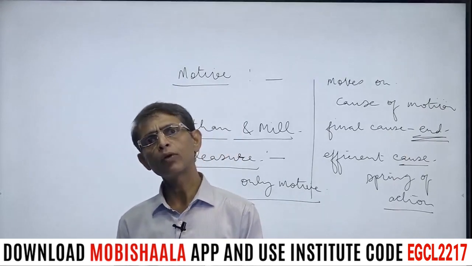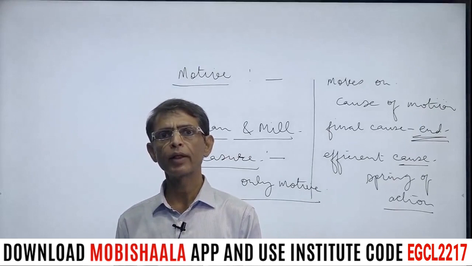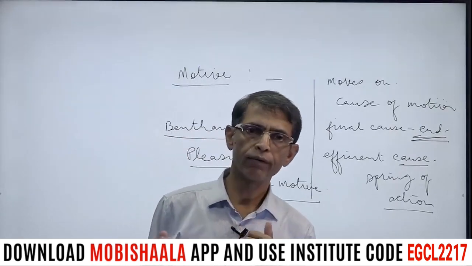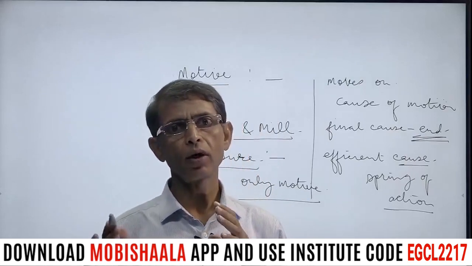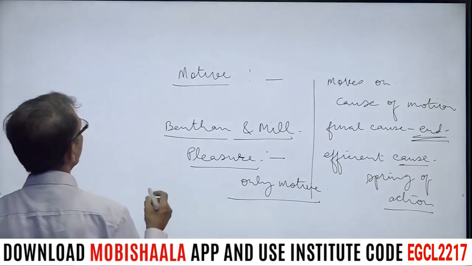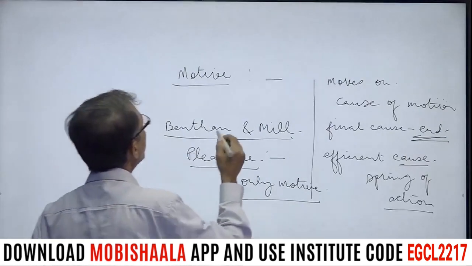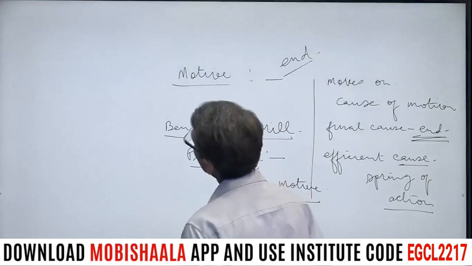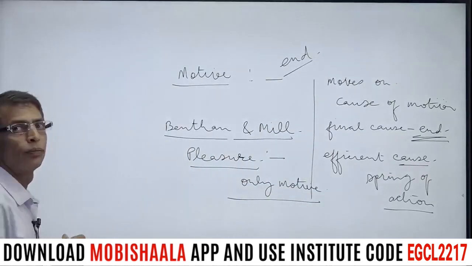And second thing, Bentham and Mill have also committed a mistake in that they have taken the motive as the only subject of the judgment, but that's wrong. But right now, this motion, this is your motive. And what is intention then? So commonly we can say that motive has an end. That's it. And now what is intention then?